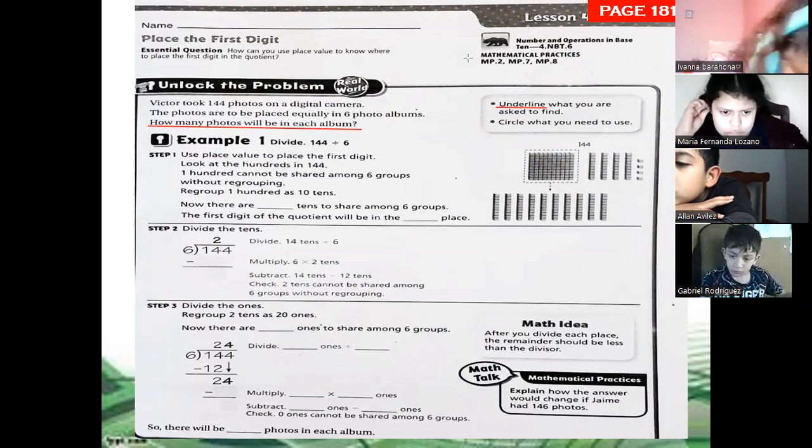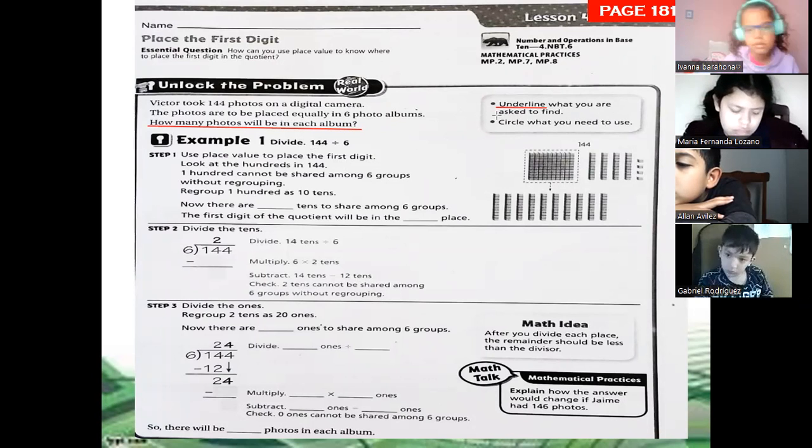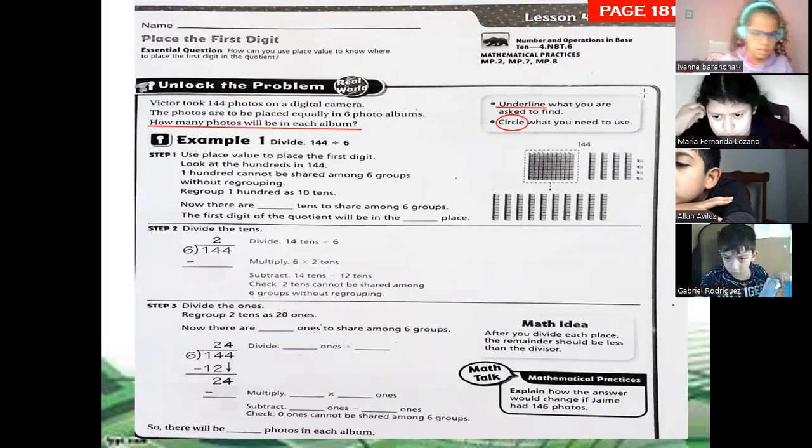Then the next one says circle what you need to use. What do we need to use in order to find the answer?